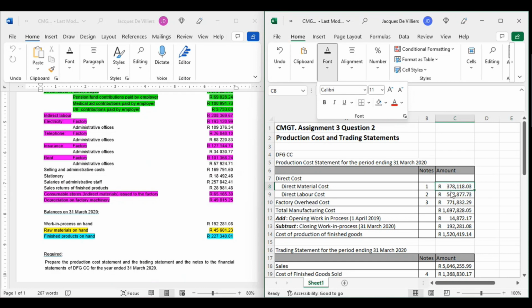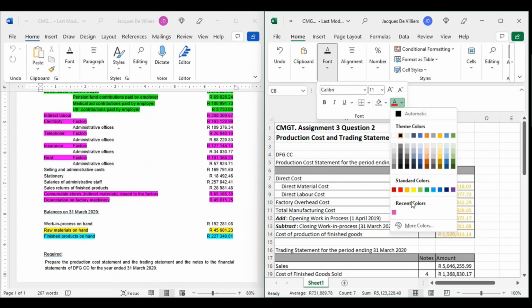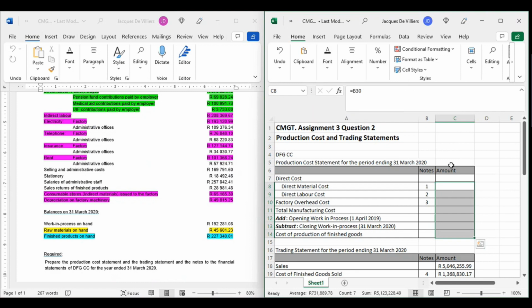Okay, so I'm just going to white them all out so that you can understand it. So this is really what you're starting with. What you need to know about your production cost statement is its makeup, its structure. How does it look? It has direct cost that splits into direct material and direct labor cost. Then you have your factory overhead cost.